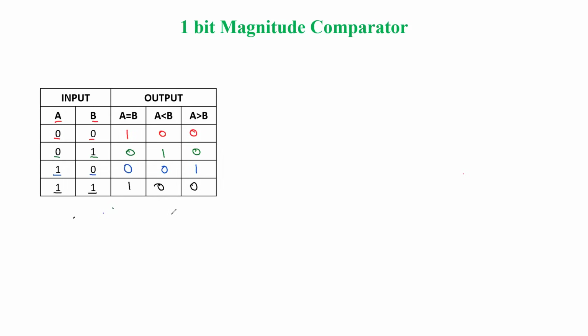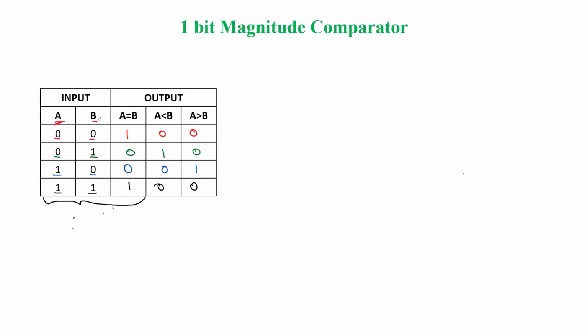Now if you observe clearly, even if you are not going to do the K-map, if you observe the truth table for the section where we have A equal to B, it satisfies the condition of which gate? Can you see here?